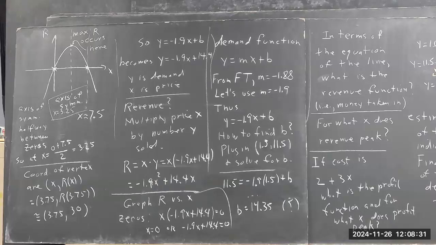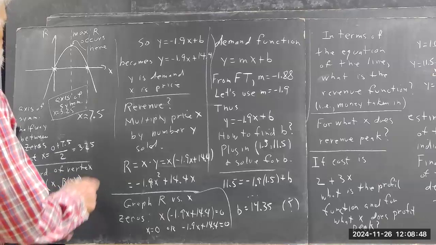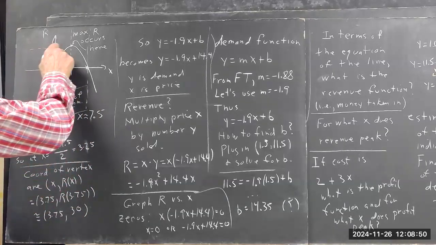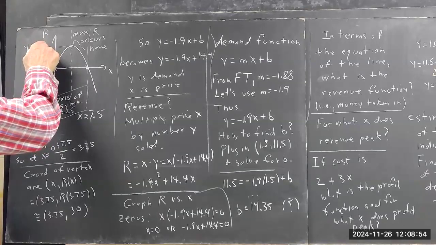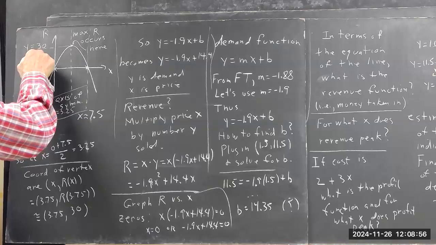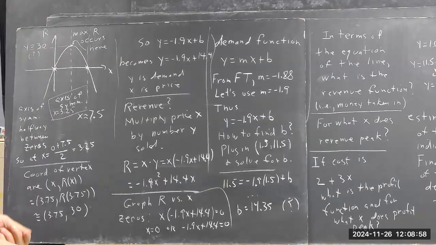I don't see anything right off the top of my head. Not sure how to do half. There it is. Okay. So that would tell me this occurs at y equals about 30. Question mark on that. We work it out.